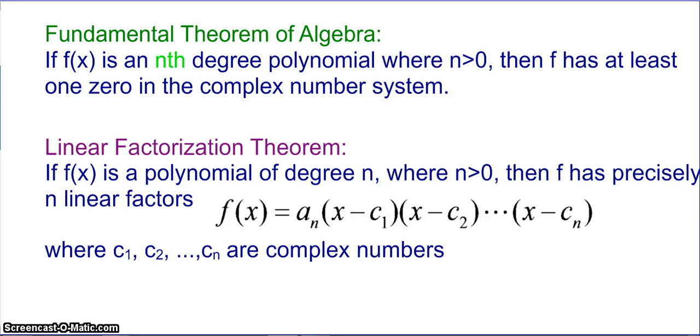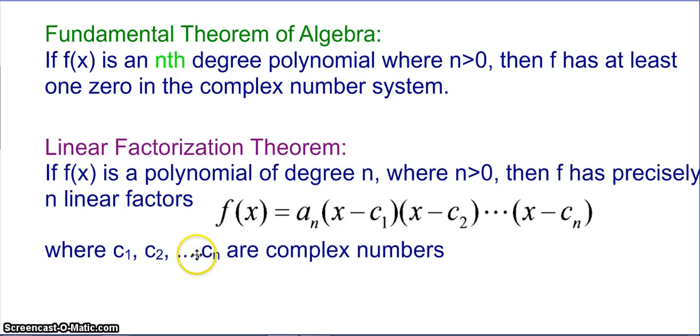This then leads us to the linear factorization theorem, which tells us if f of x is a polynomial of degree n, where n is greater than 0, then f has precisely n linear factors, such as f of x equals a sub n times the quantity x minus c sub 1 times the quantity x minus c sub 2, and so on, times the quantity x minus c sub n, where each one of these binomials is a linear factor.